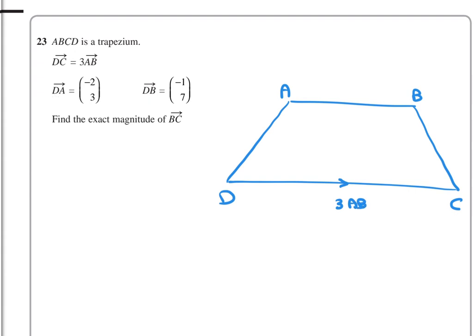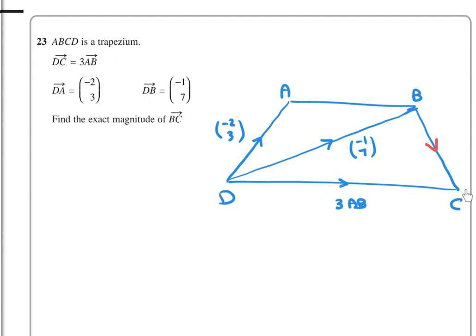The vector DA equals (-2, 3). Vector DB equals (-1, 7). Find the exact magnitude of vector BC. So we need to find vector BC.